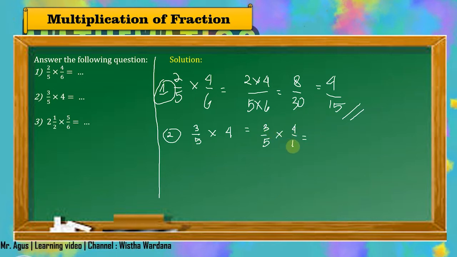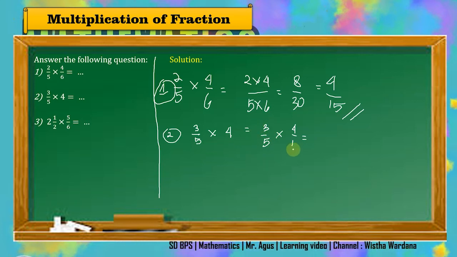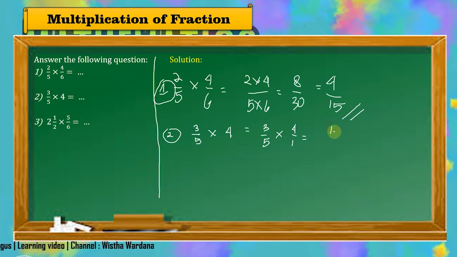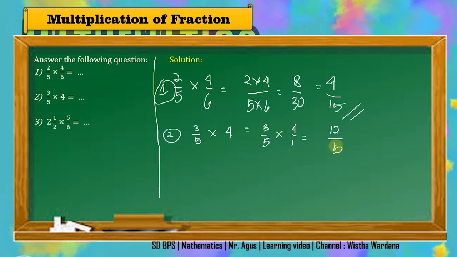So in this case, after you change 4 into 4 per 1, you have a fraction multiplied by a fraction. Similar to number 1, you multiply numerator by numerator and then denominator by denominator. So you get 3 times 4 equals 12 and 5 times 1 equals 5. After that, you get 12 per 5, which is a numerator greater than the denominator.